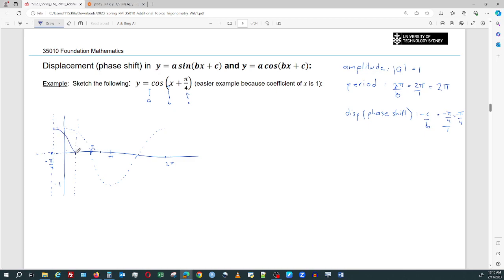Then we're going to follow this down, and instead of being at pi, we're going to be earlier. So we swoop down here, earlier. And instead of being 3 lots of pi on 2, it's going to be a quarter pi earlier. So it's going to come up and advance. And instead of being 2 pi, it's going to be a quarter pi earlier. It's going to come up and finish there.